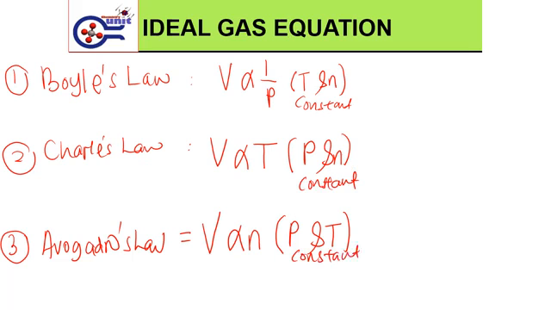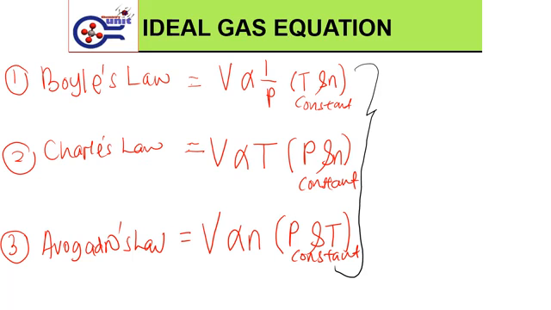Okay, so Boyle's law: V is inversely proportional to pressure. Charles's law: directly proportional to the temperature. Avogadro's law: directly proportional to the number of moles of gas. So we will combine the three gas laws to derive the ideal gas equation.